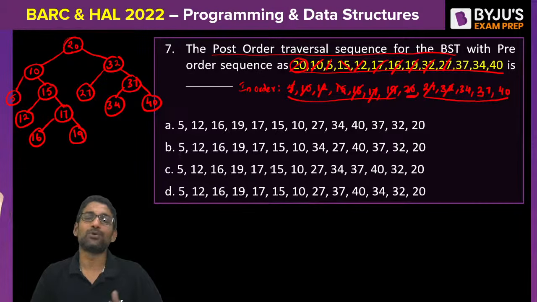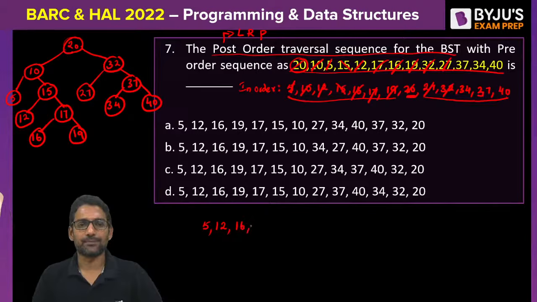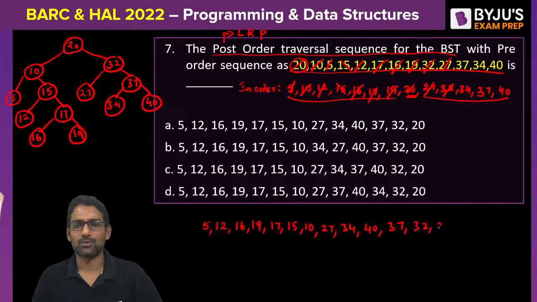Now we want the post-order sequence. What is post-order? Left, right, parent. So if you go on with that, 5, then right is again a subtree, so go with the left: 12, 16, 19, 17, 15, 10, 27, 34, 40, 37, 32, 20.